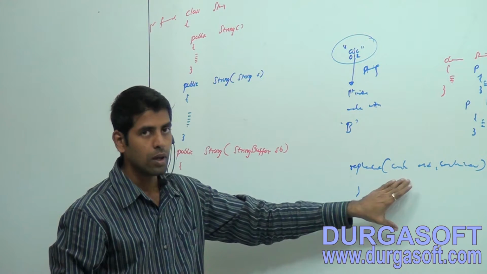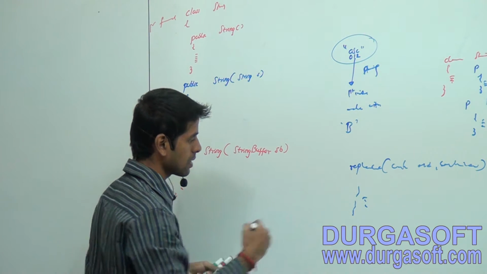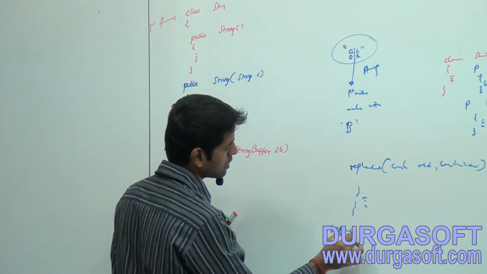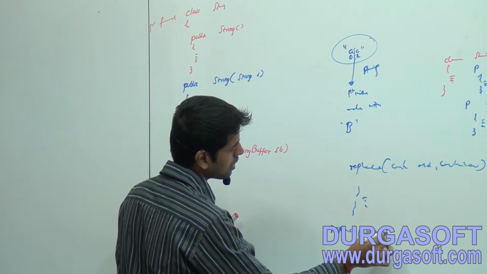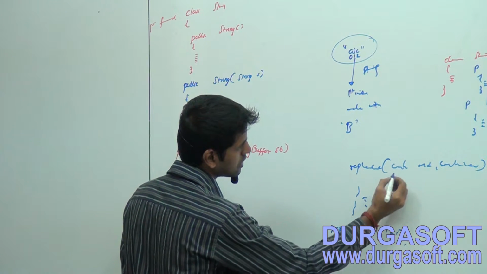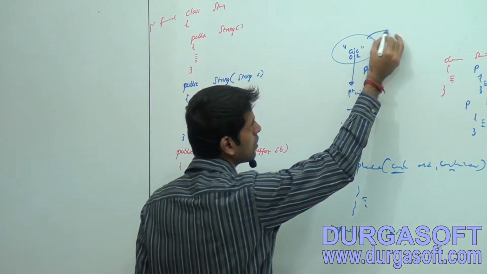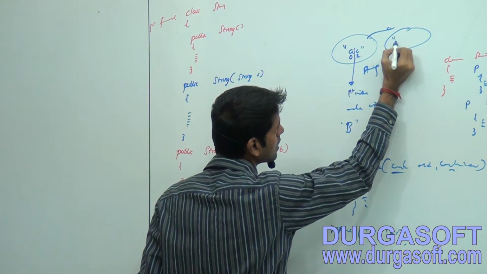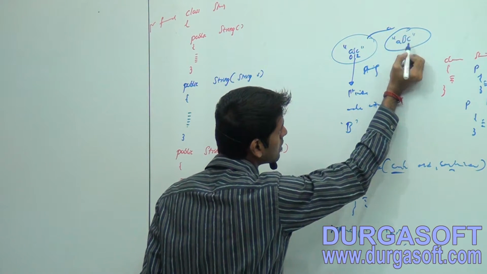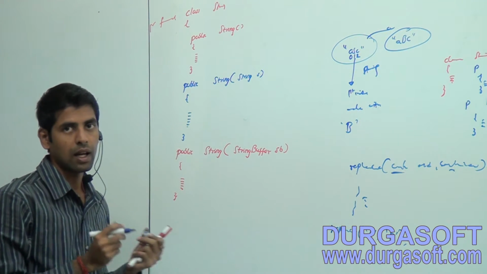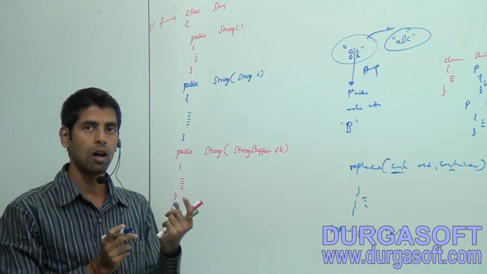If I give replace of small b comma capital B, these are char literals. Now what happens? It will give the output A capital B C. Fine, good. I have achieved my output.